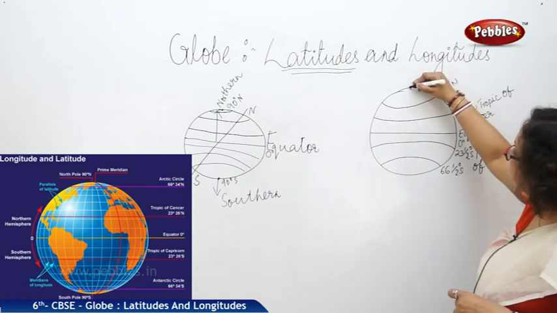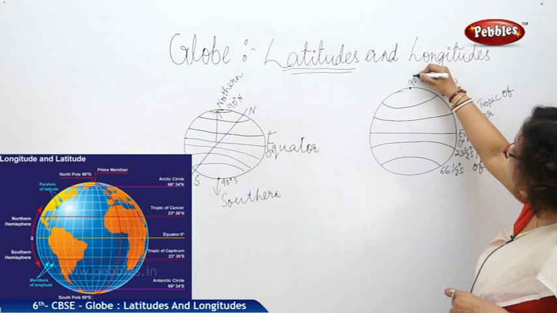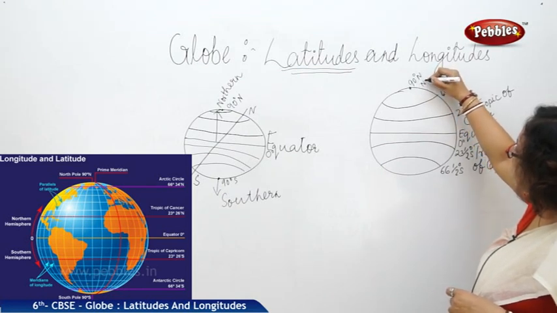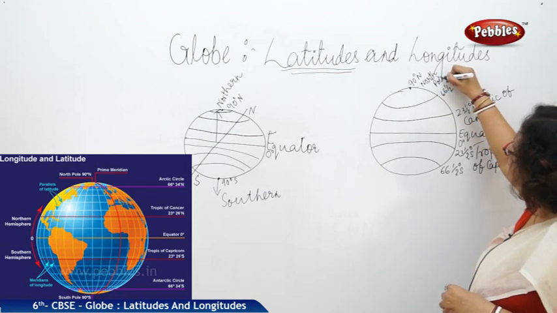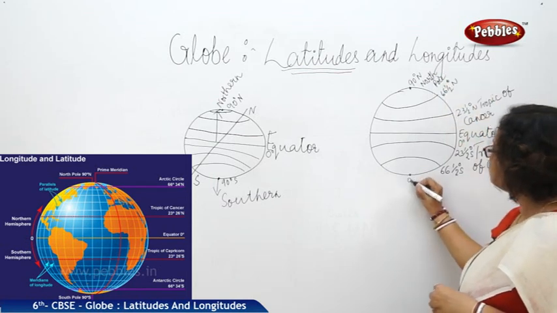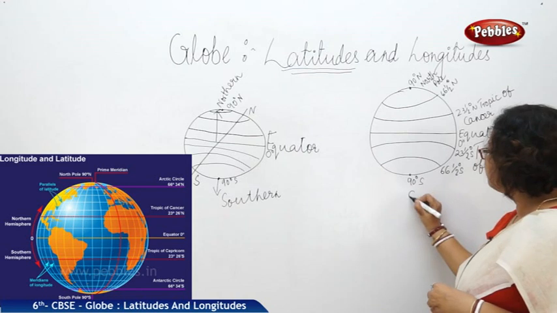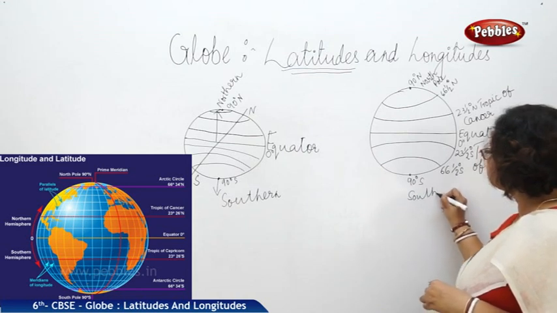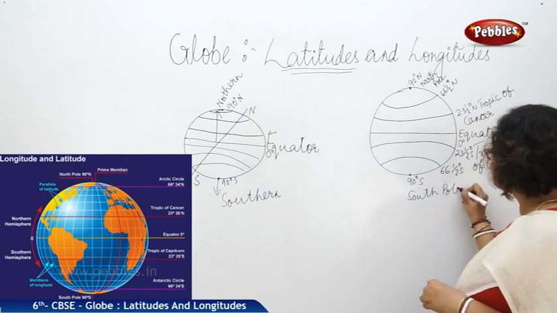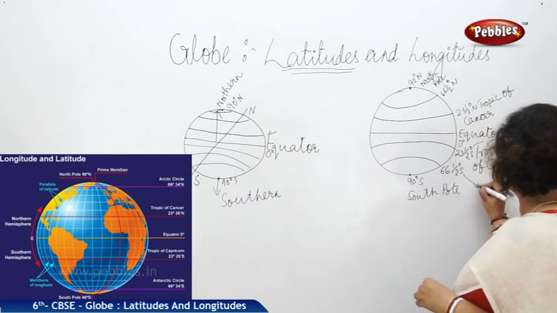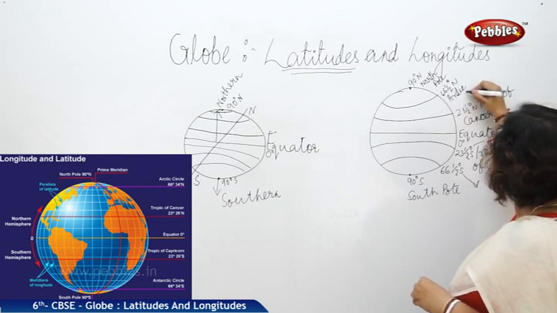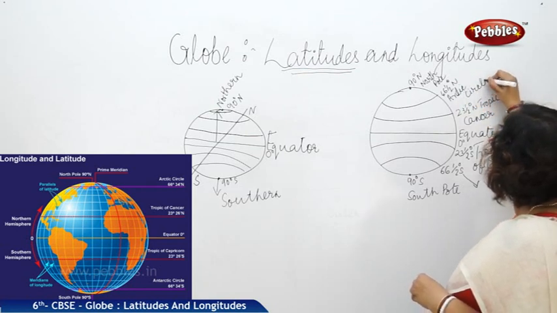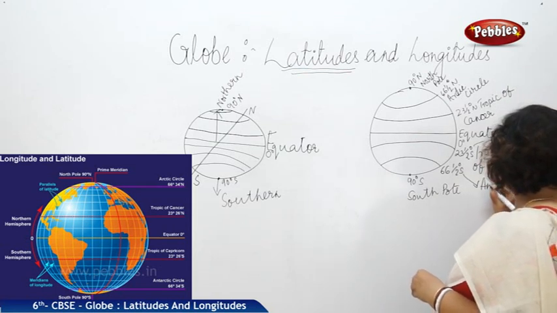Next we come to the pole, at 90 degree north, that is North Pole, and this is South Pole. This one is Arctic Circle, and this one is Antarctic Circle.